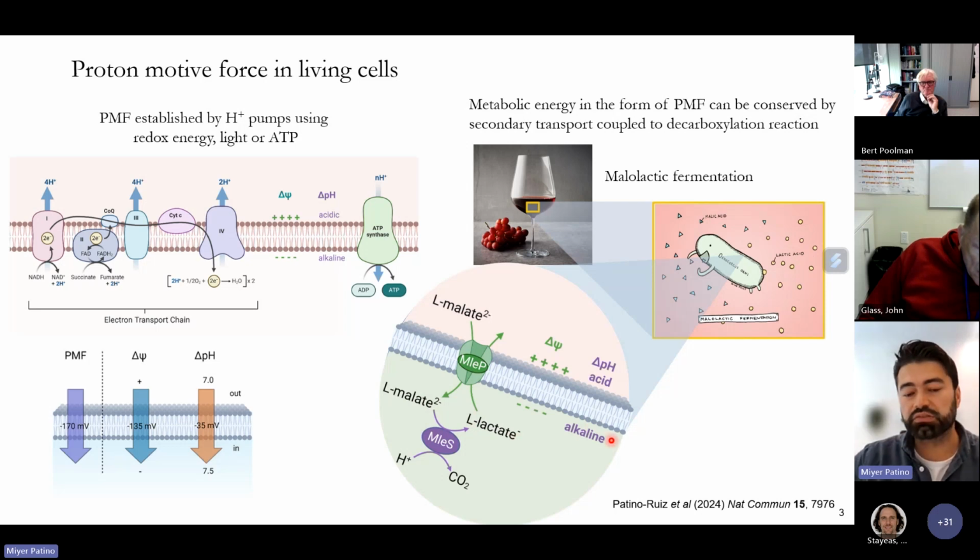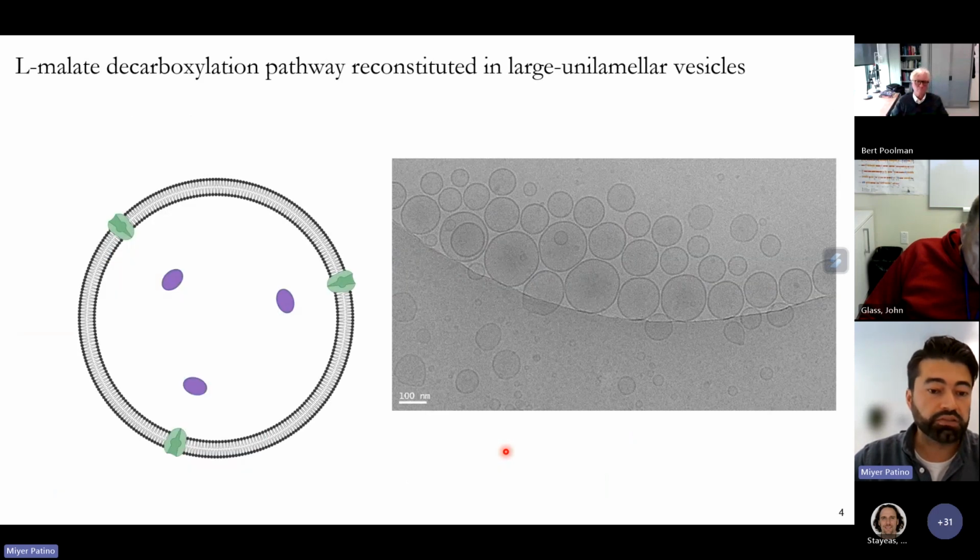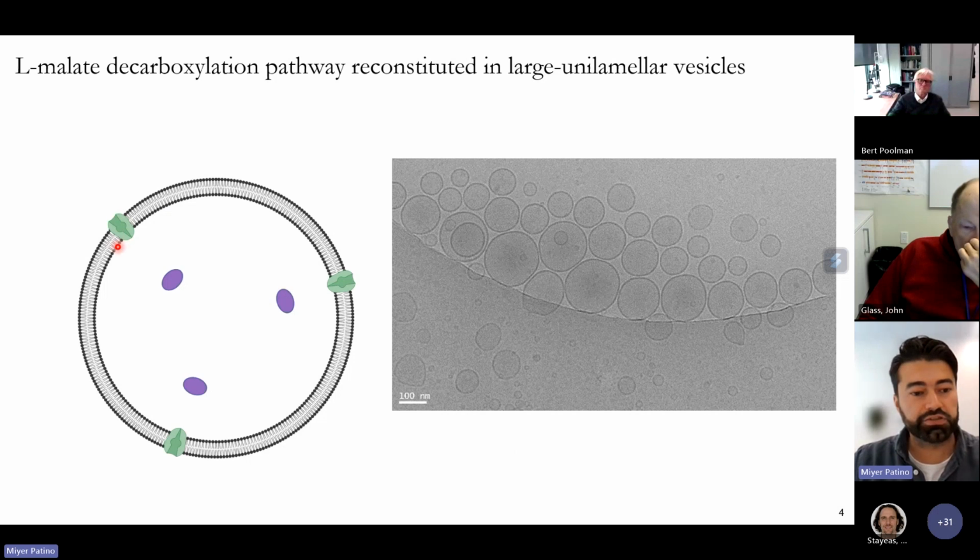Our goal was to see if that simple two-protein system was sufficient to generate proton-motive force in a synthetic vesicle. To do that, we reconstituted the malate-lactate exchanger and encapsulated the decarboxylase in large unilamellar vesicles, which have a diameter between 100 and 400 nanometers.